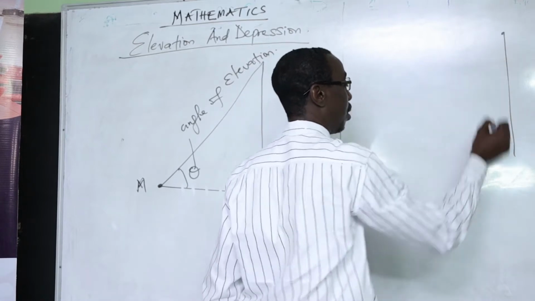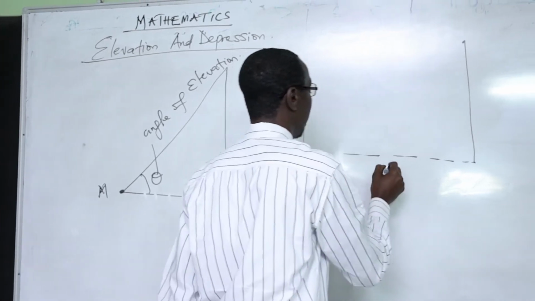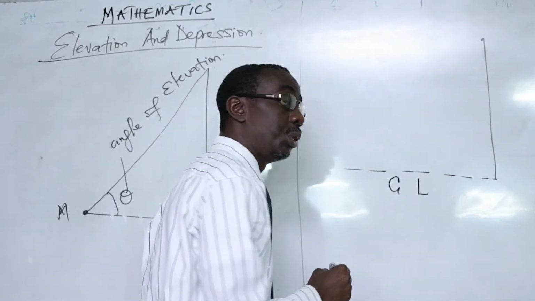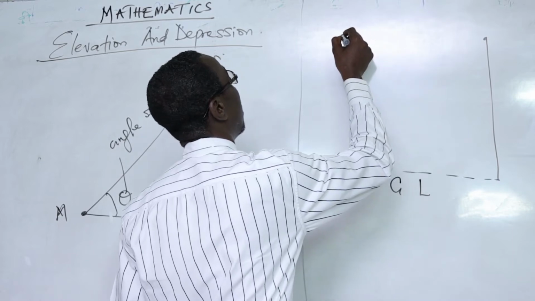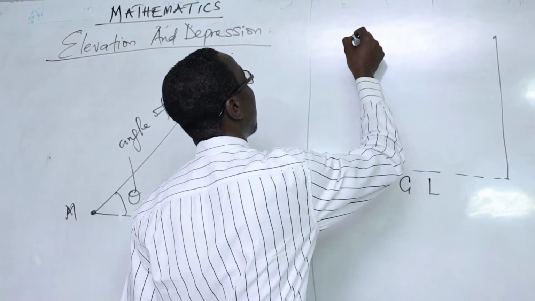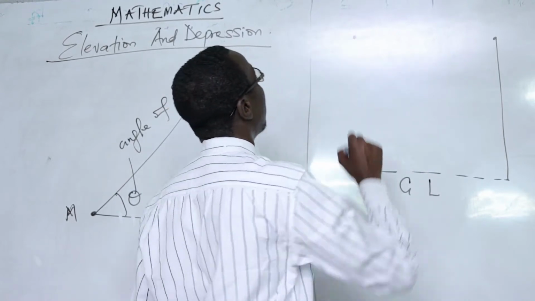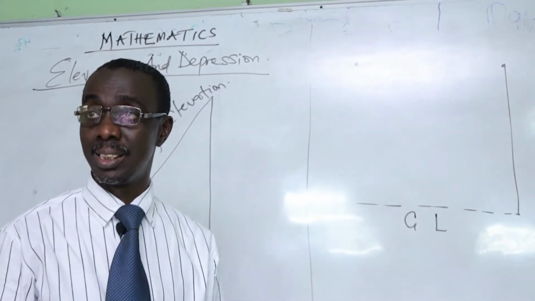If this is, of course, a tower, this is my ground level now. GL is my ground level. There is someone here, and somebody decided to climb up the tower, and he now lied down.